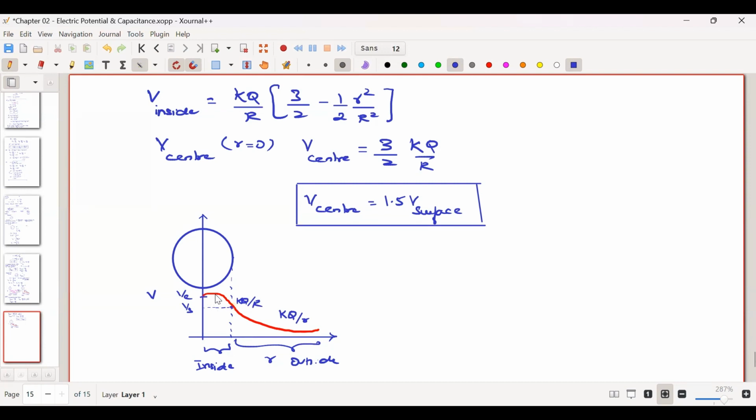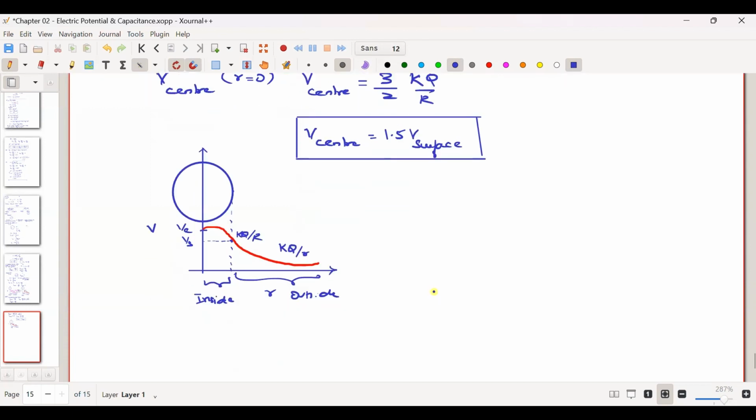But then this potential is decreasing, and outside KQ by R decreases. Clear? How about others? Yes.